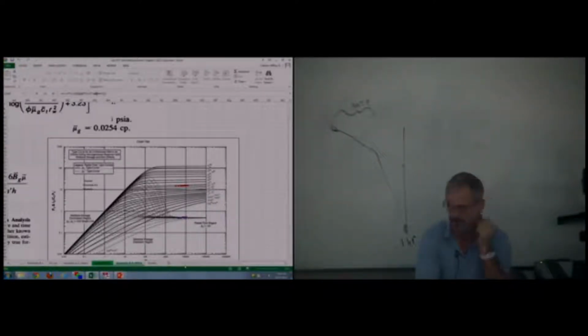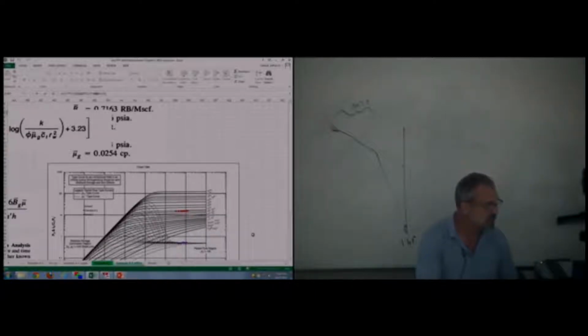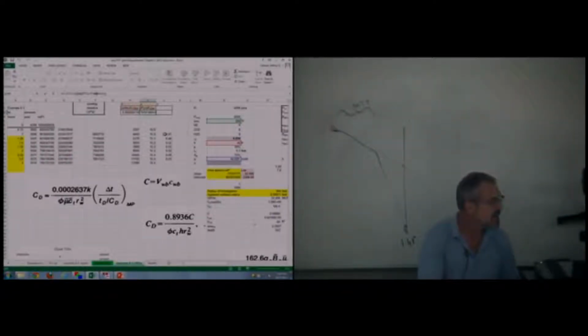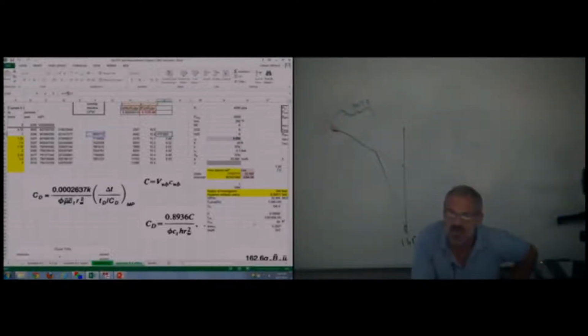For the type curve, the separation between the derivative and the pressure plot, is it only affected by the...? It's fixed. That one coefficient fixes both. Both my y and my y prime use the same coefficient. I've got my derivative, which is a delta pseudopressure derivative, which we've done.